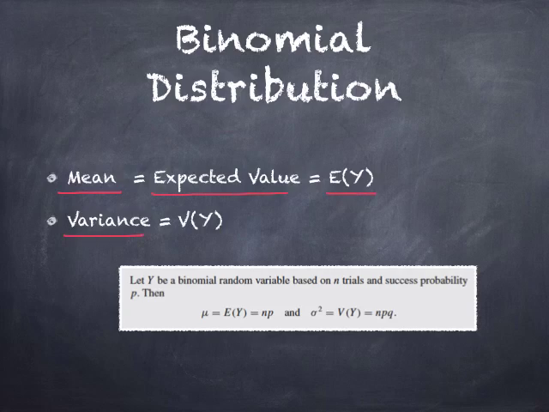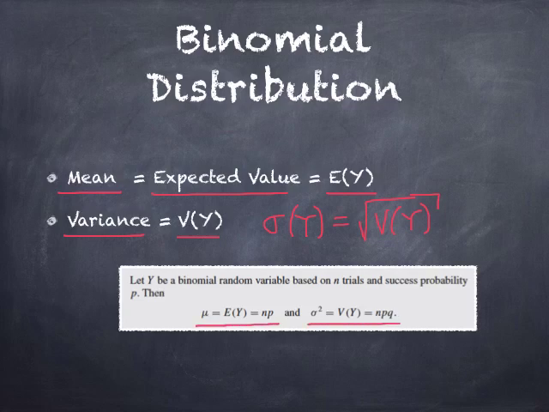And the variance, it's V of Y. You should be able to remember that you can get the standard deviation with the variance, because the standard deviation is just the square root of the variance. And we have the formulas here.